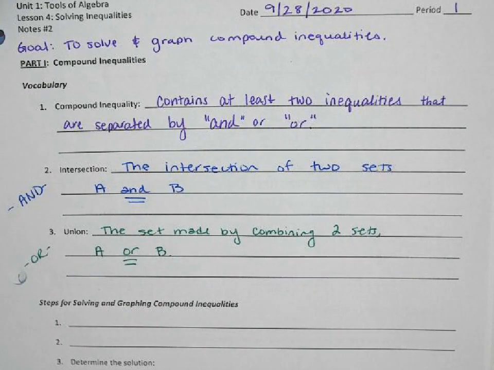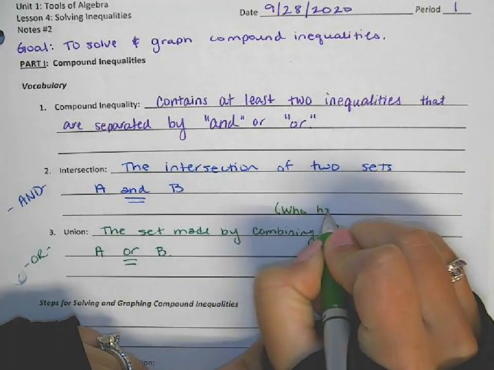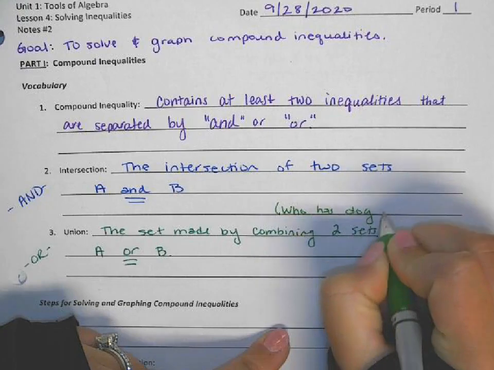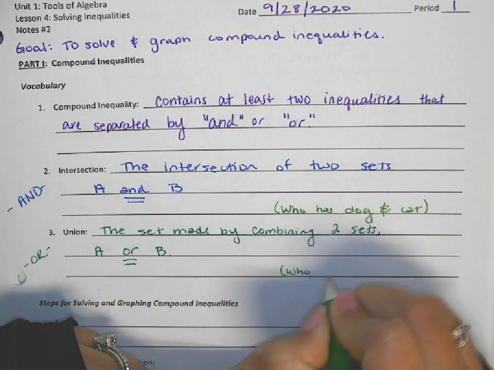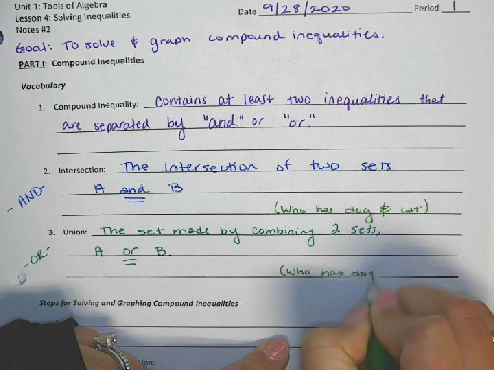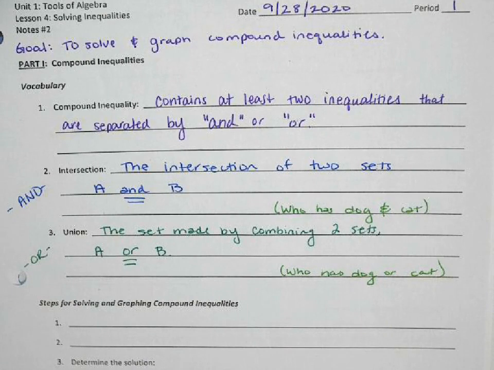If you want to write in there to help you remember who has a dog and cat versus who has a dog or a cat, you could even draw in the pictures of the houses like we did, so maybe that will help trigger what we talked about with the dogs and cats.